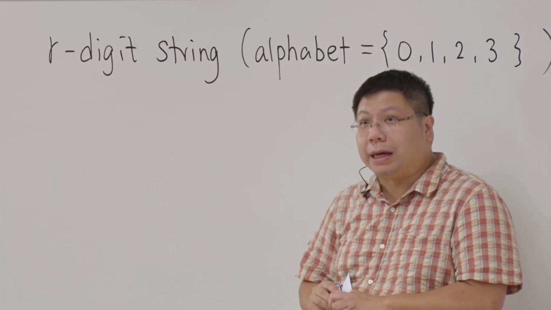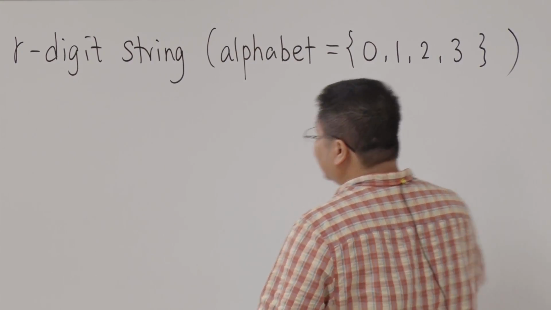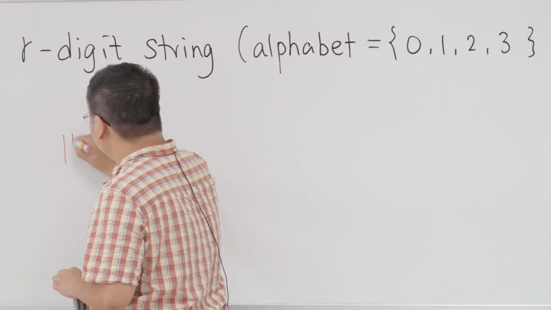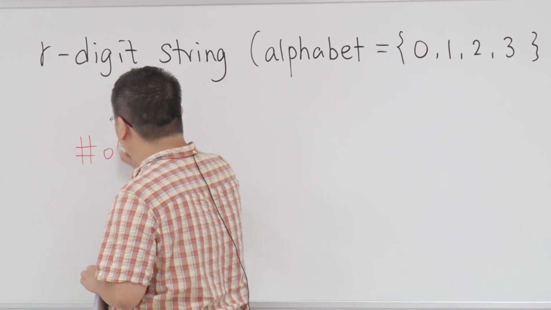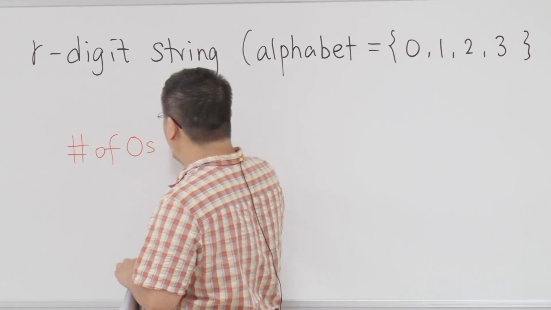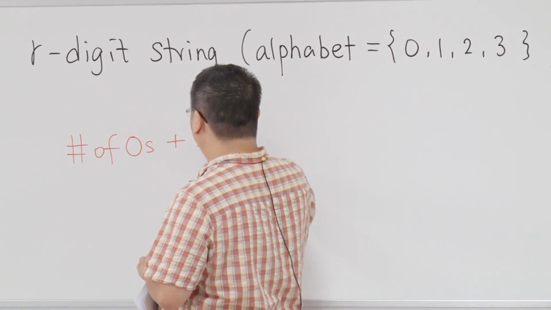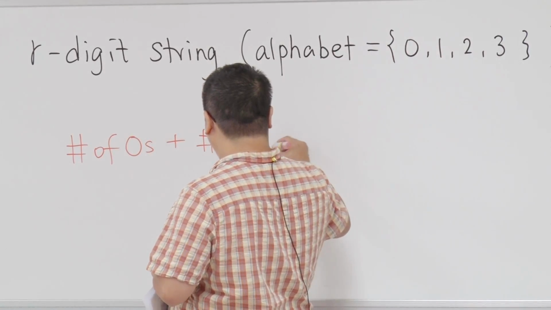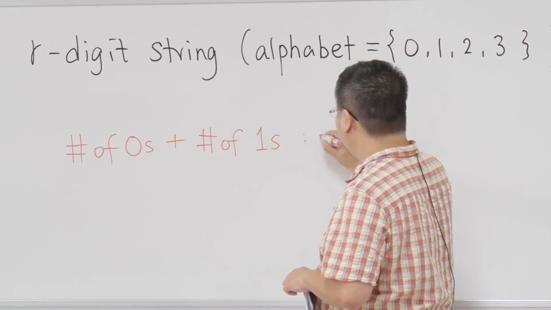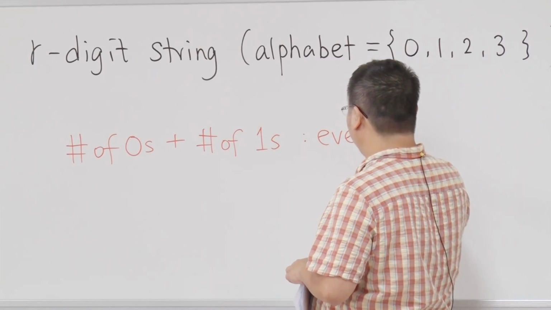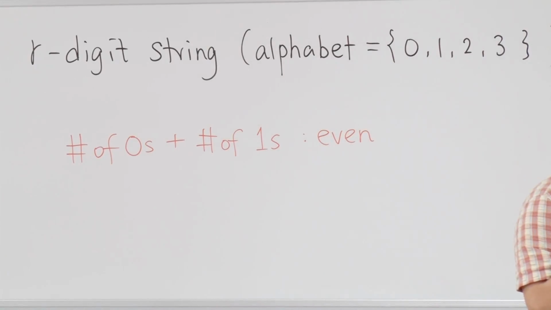And then we have some criteria. I hope to have the number of 0s plus the number of 1s to be even. That's all. This is the only restriction that I want. So how many different kinds of R-digit strings are there?